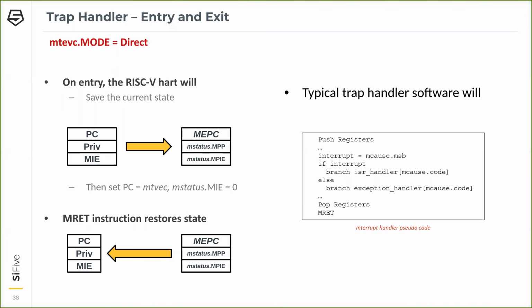And this way, you can also use the mret instruction to go from a higher privilege mode to a lower privilege mode. For example, if you set MEPC to the address that you wanted to enter user mode, and then the previous privilege mode you set to user mode, when you execute the mret instruction, you then enter user mode at the address you identified in MEPC.